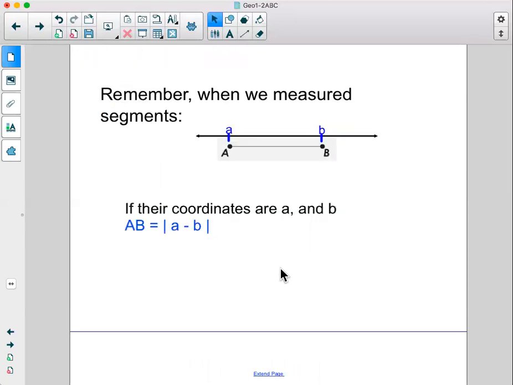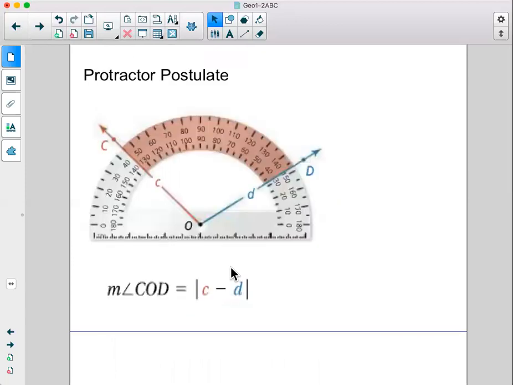Now remember, when we measured segments, we found the measurement of a segment as the absolute value of the difference of the coordinates. So we're trying to measure segment AB. It has a coordinate here and a coordinate here, and the measurement is the absolute value of the difference of the coordinates. And it's the same way with measuring angles.